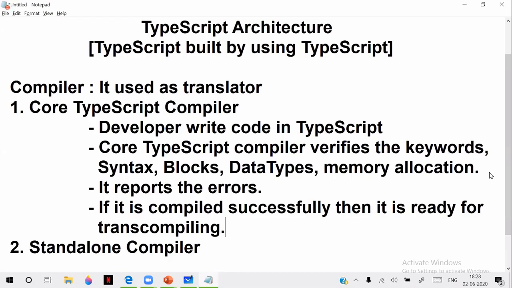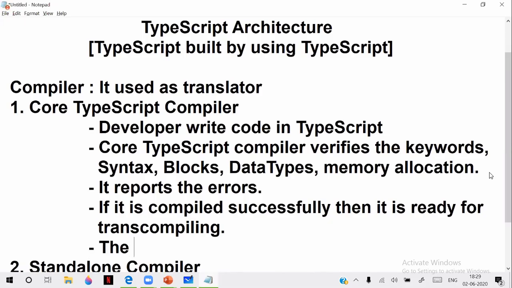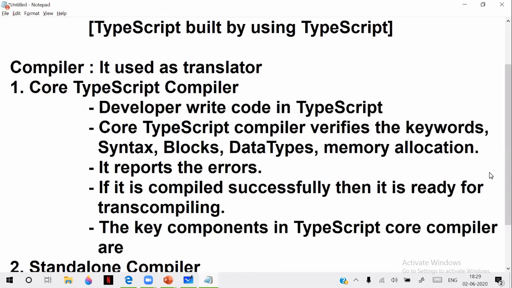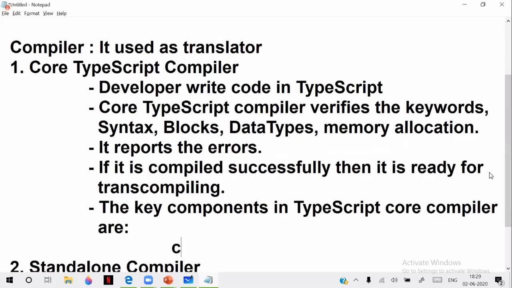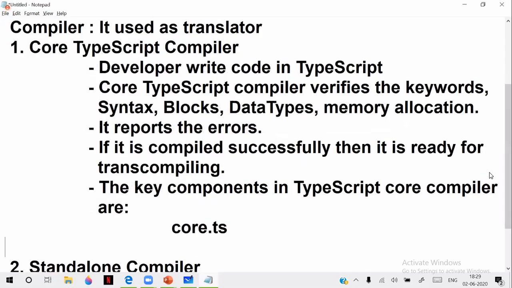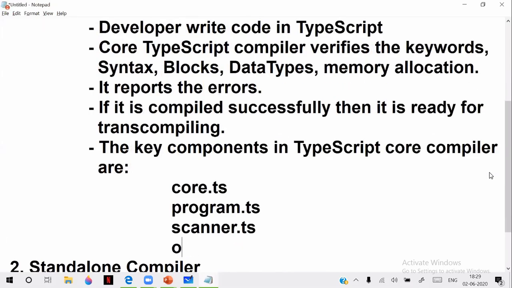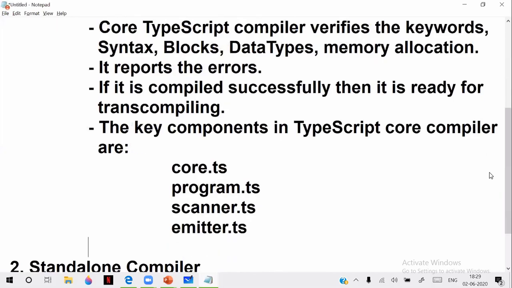Now, what are the components? The key components in the TypeScript core compiler are core.ts, program.ts, scanner.ts, emitter.ts.